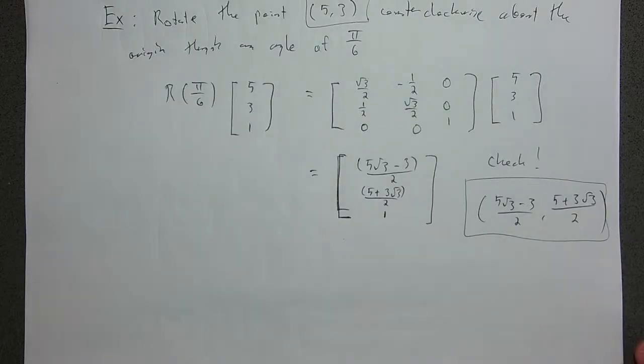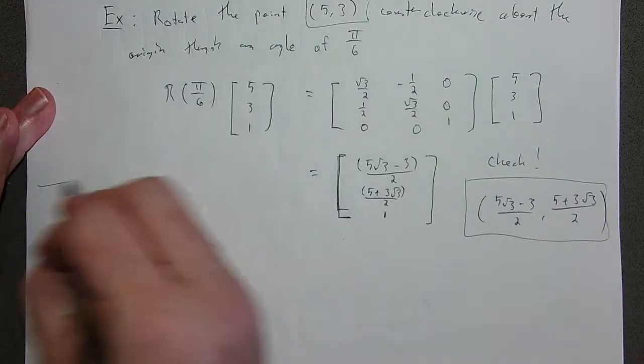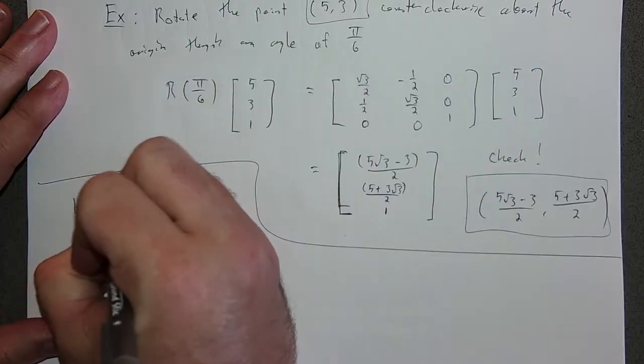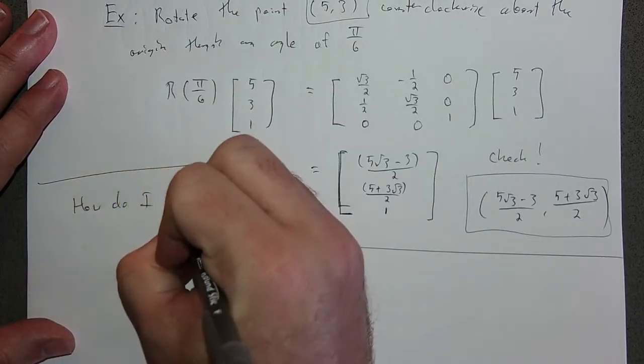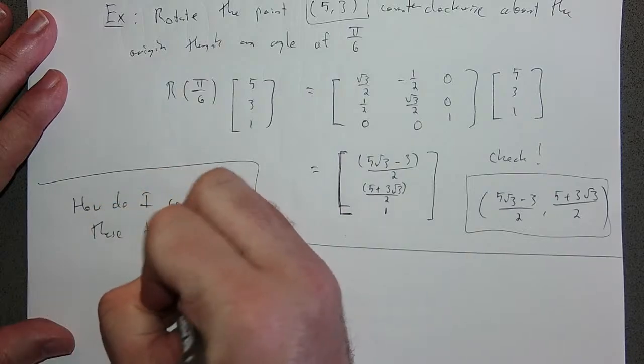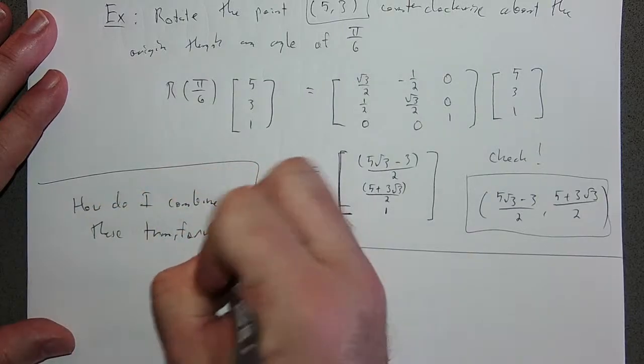All right. Now, here's the question: how do I combine these transformations?